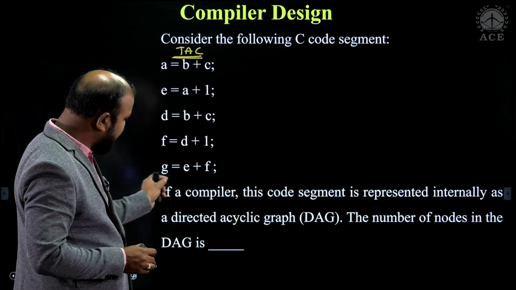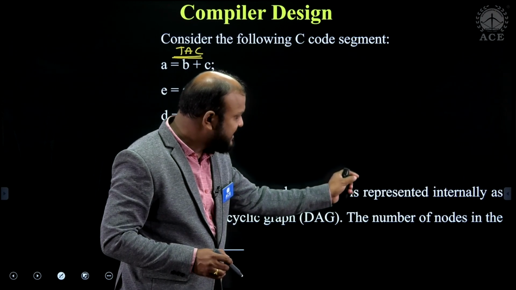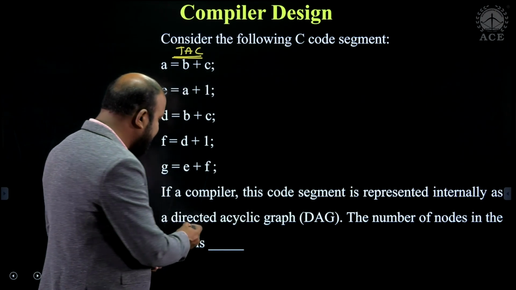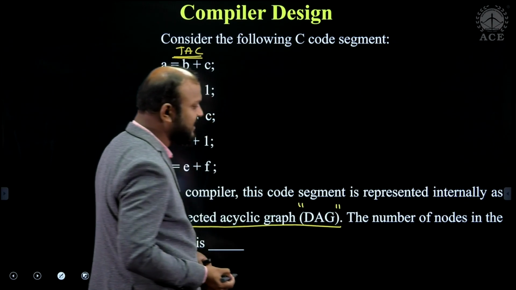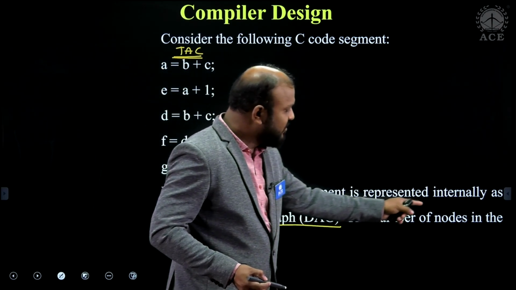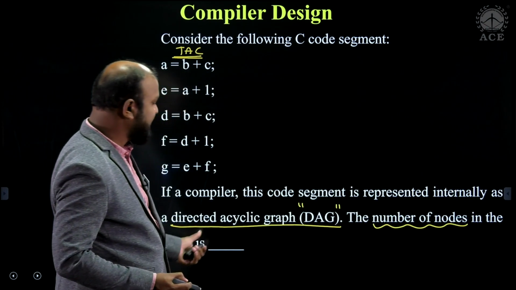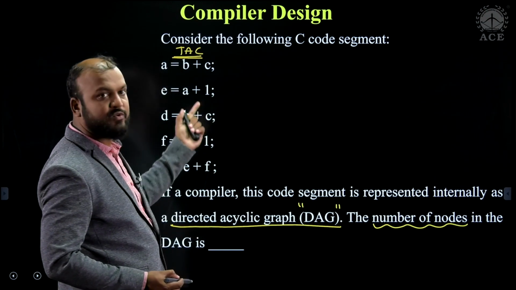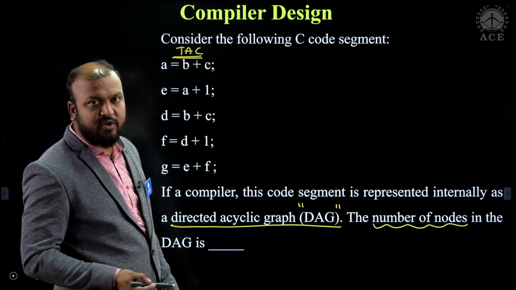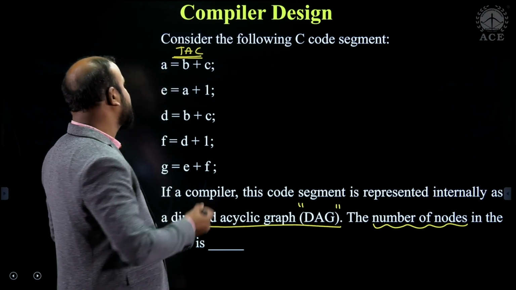Now, the question is, if a compiler represents this code segment internally as a directed acyclic graph, we call it a DAG. The number of nodes in the DAG is asked. It is simple. We have to construct a DAG for the 3 address code statements given and count how many nodes are possible in the DAG. First 3 address statement.